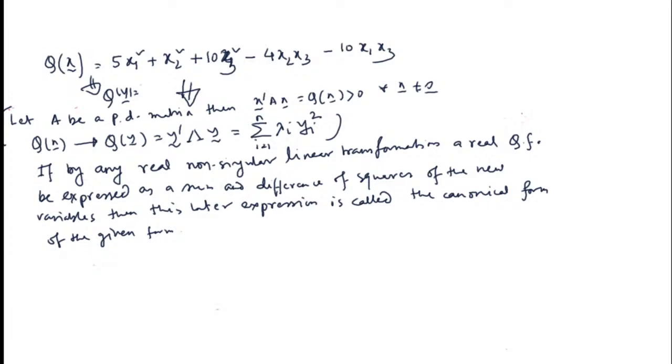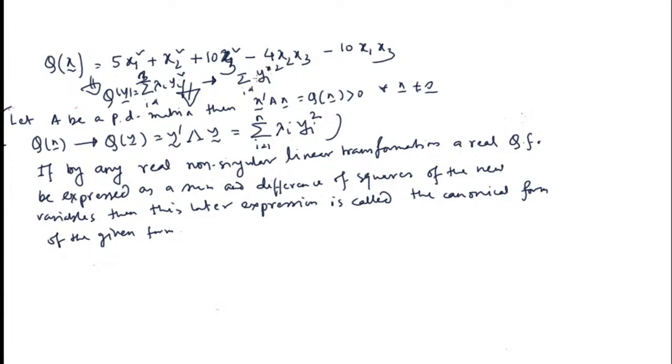You can convert this Qy curl as the sum over i from 1 to 3 of lambda yi square, or you can convert it to the normalized form, the sum of yi square.